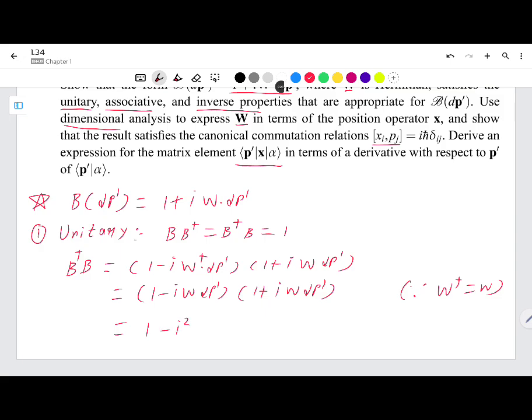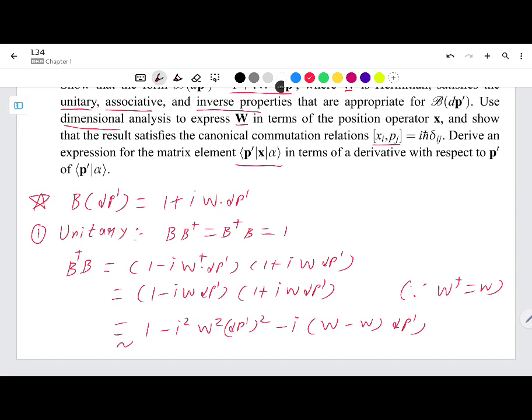This one is 1 minus i squared W squared dp prime squared, minus i W minus W dp prime.